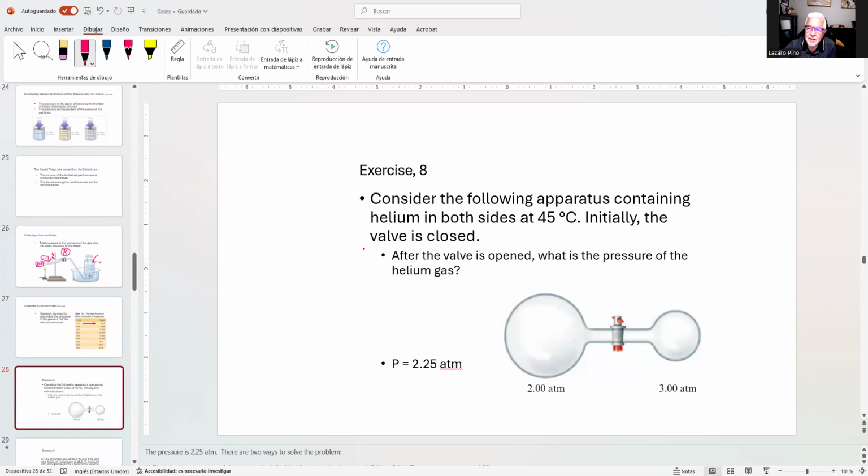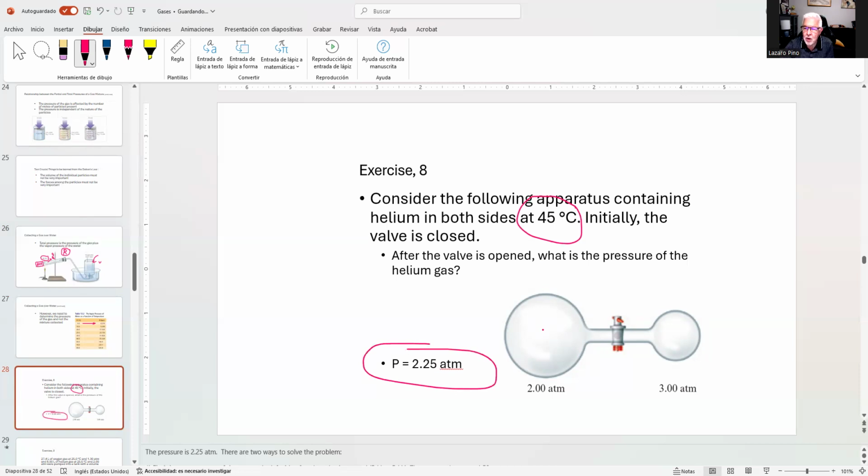Let's see this exercise. Consider the following apparatus containing helium. Both sides have the same temperature. Then the temperature is constant. The pressure here is this.